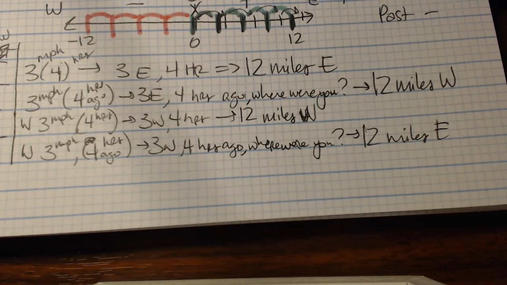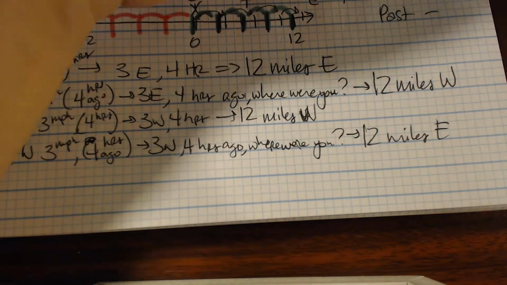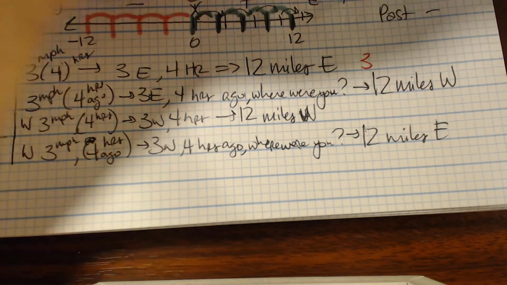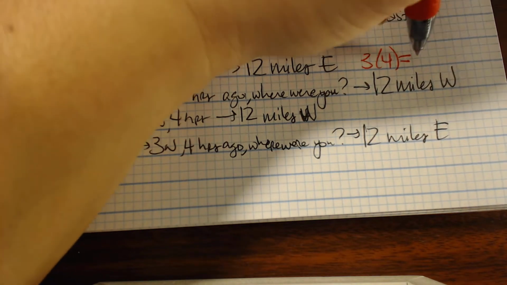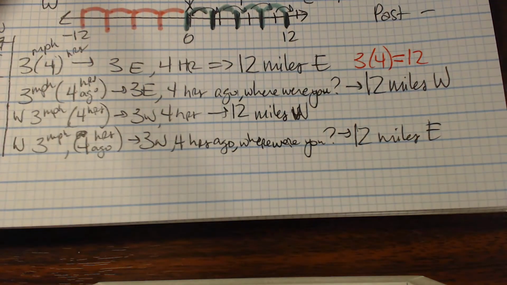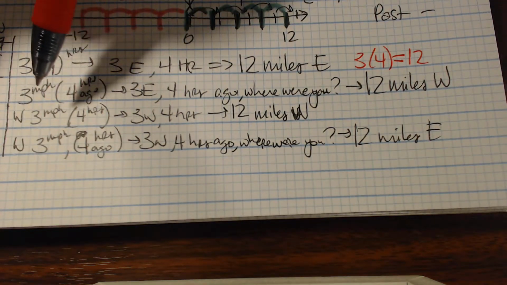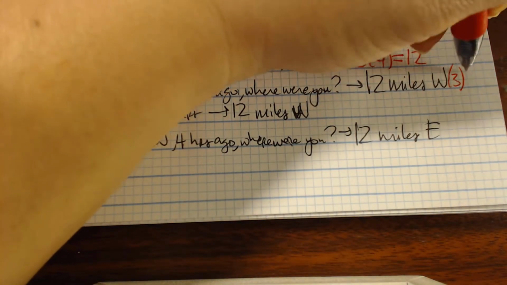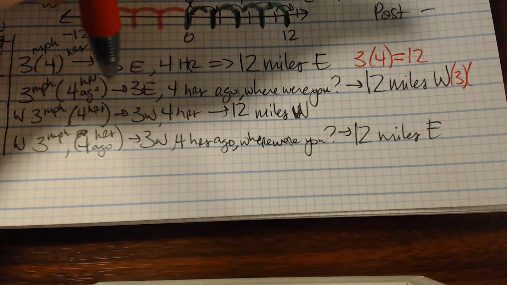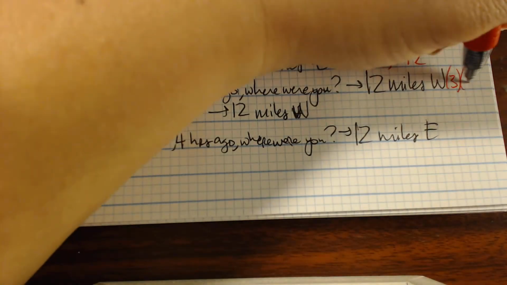So again, let's translate all this into positives and negatives. You were going 3 east, so you're at 3 positive, and you're going 4 hours into the future. You will end up at a positive 12. You were going 3 east, so it's a positive 3, and where were you 4 hours ago, so that's negative 4.